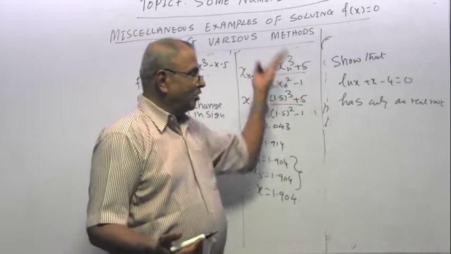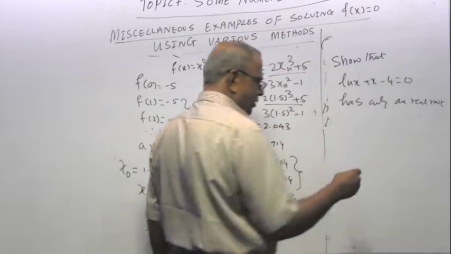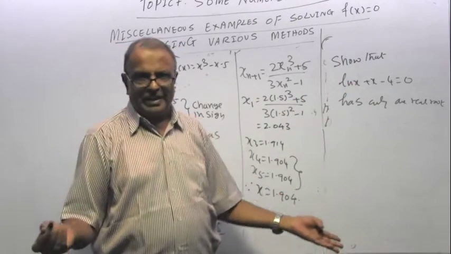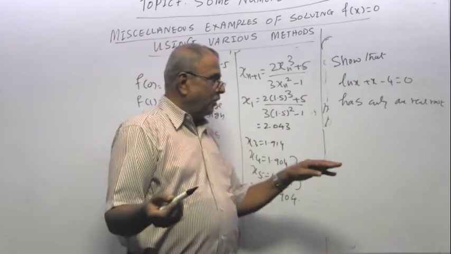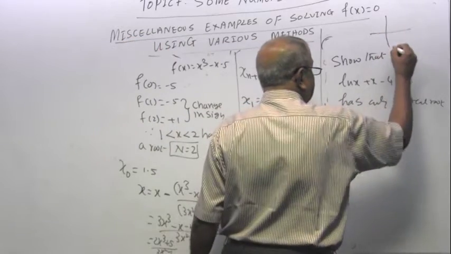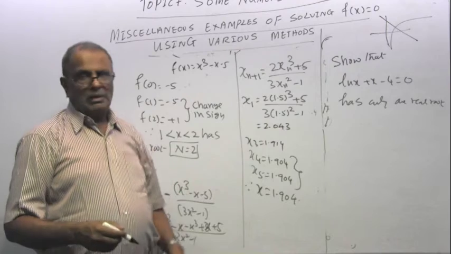So therefore, no solution for dy by dx because you get 1 over x plus 1 is 0, x equal to minus 1. At x equal to minus 1, the function is not defined. So therefore, only one real root. Or you can draw y equal to ln x and y equal to 4 minus x. They meet at only one point.